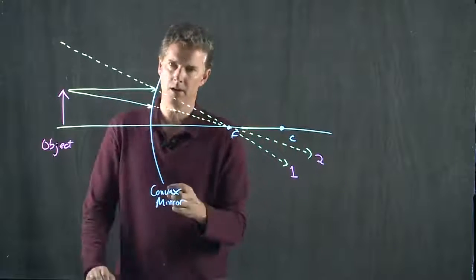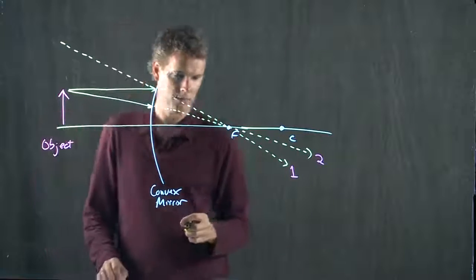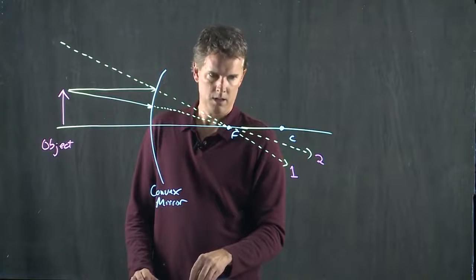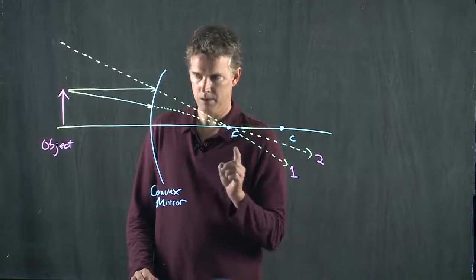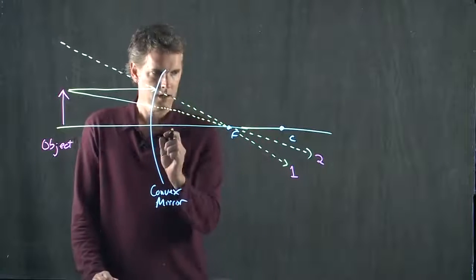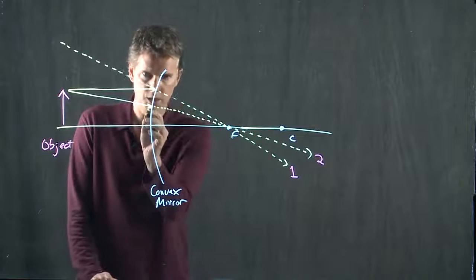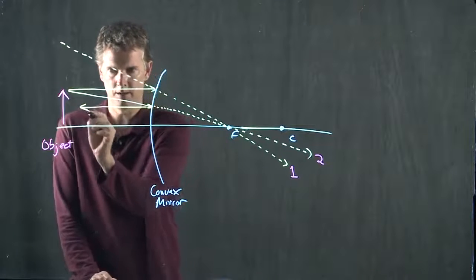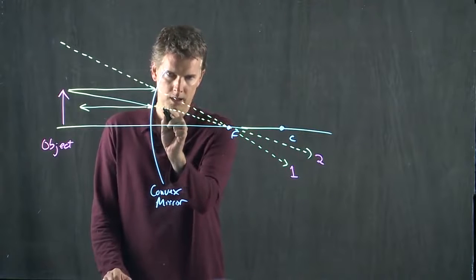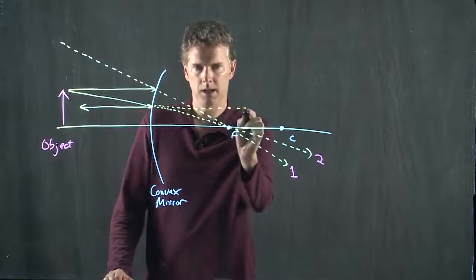I guess this one here is fine. Okay. That one looks good. Ray 3 is going to be the hard one to draw. Okay. And before we do that, let's talk about ray 2. Ray 2 bounced off and went there. Okay, so it looks like it came from there.